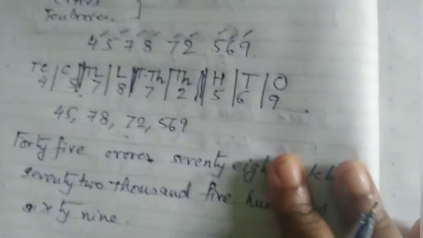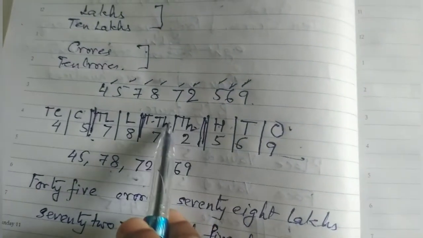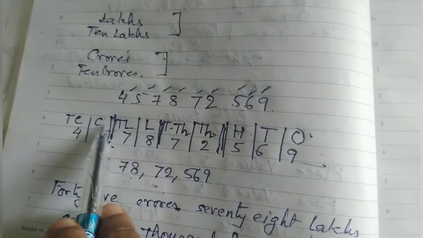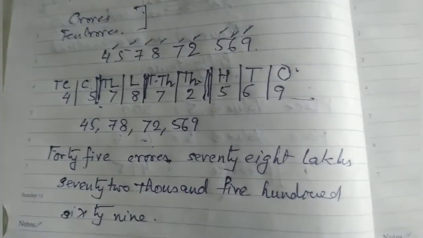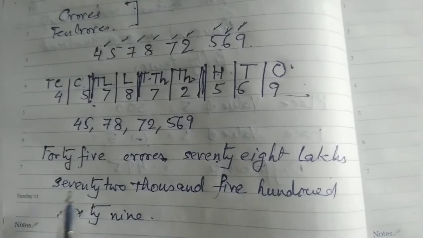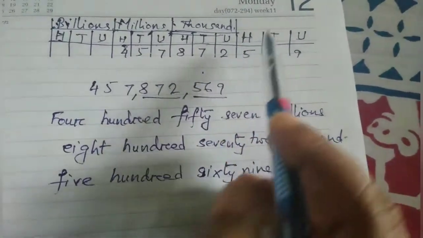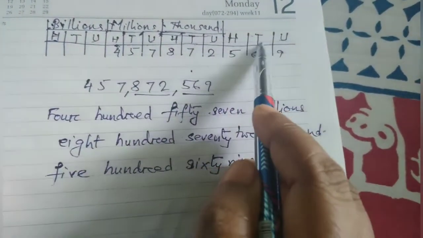So in the Indian number system, as you have seen, we have ones, tens, 100, 1000, 10,000, lakh, 10 lakh, crore, 10 crore. We had the number as 45 crores, 78 lakhs, 72,569. When I came to the international place value chart, it is hundreds, tens, units.